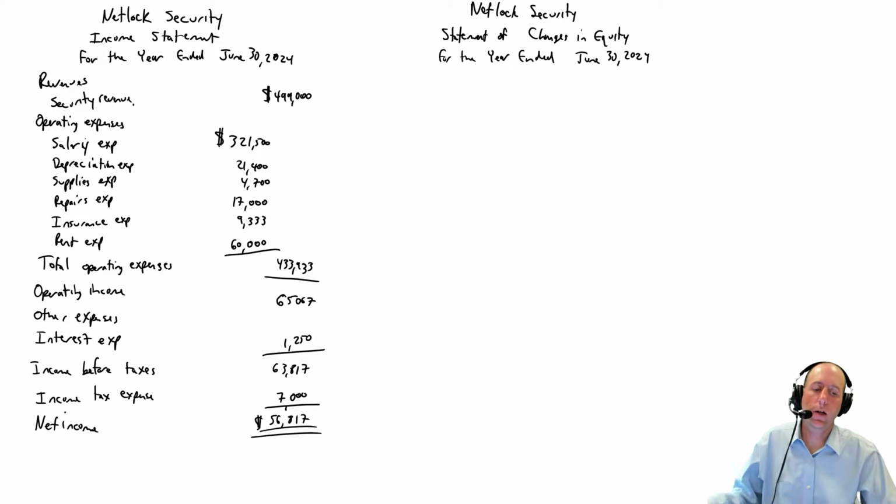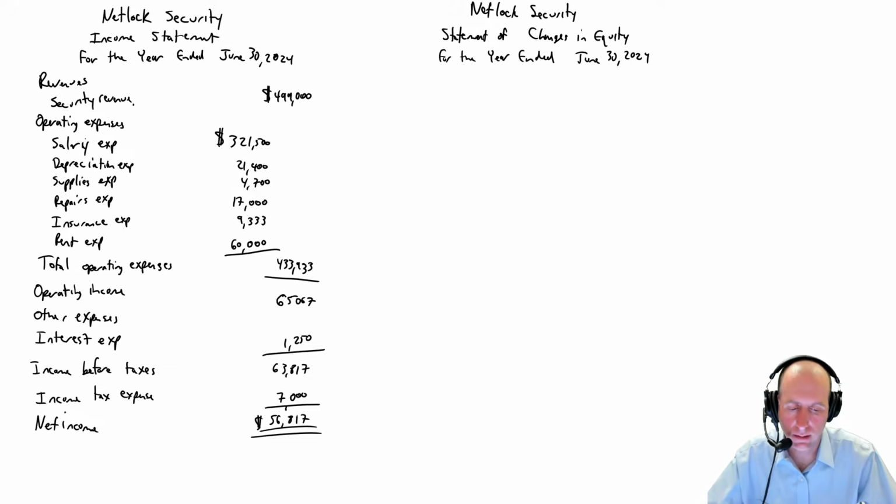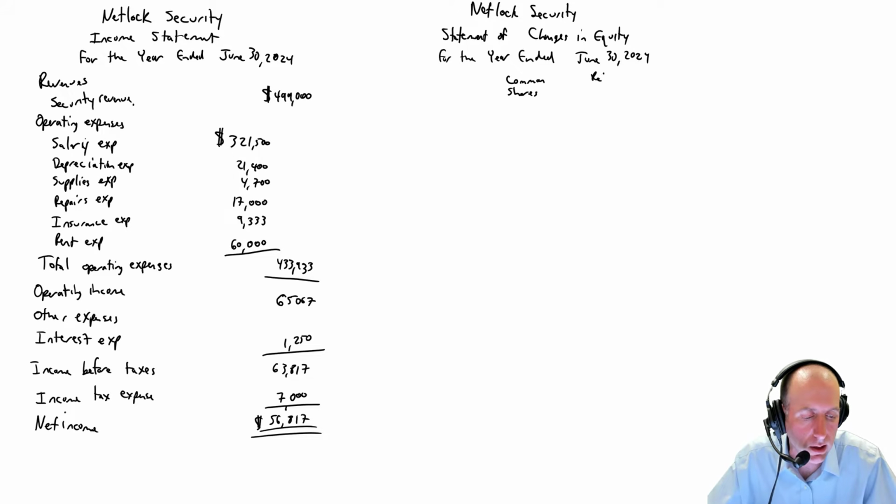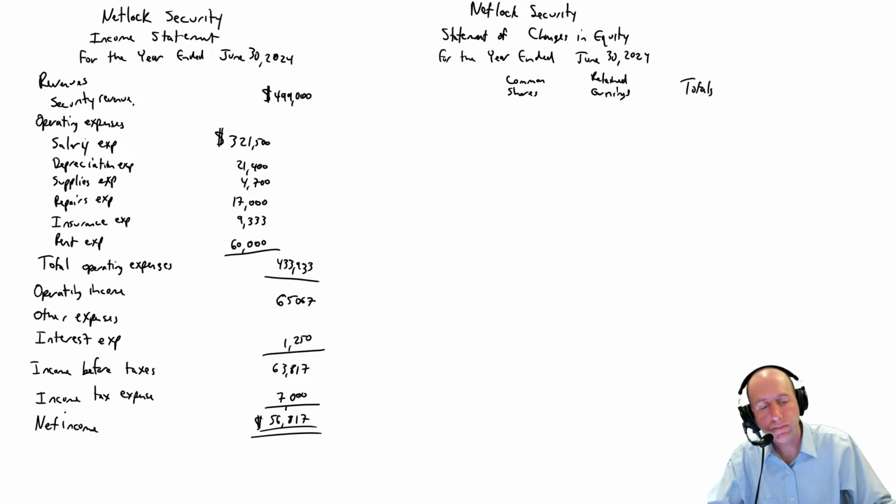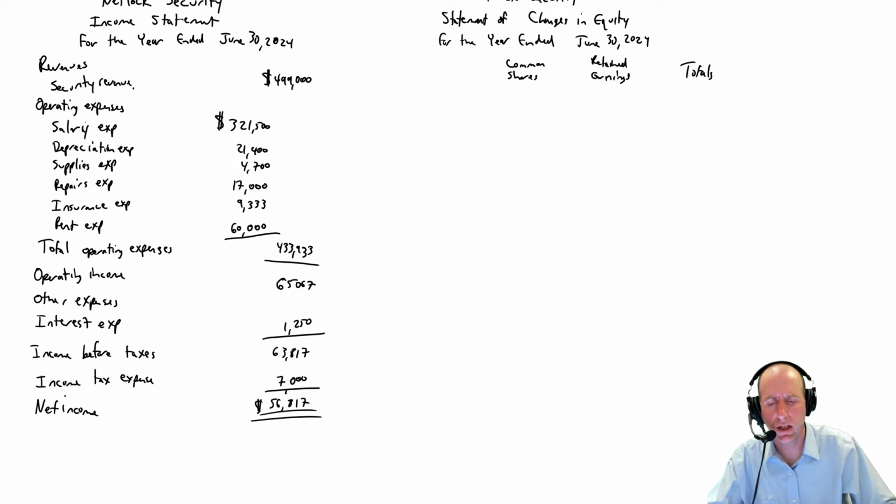So we list our equity accounts, and as we've talked about a few times in our intro class, we really only have the two to worry about, at least for now: common shares and retained earnings. And we'll do a totals column as well.